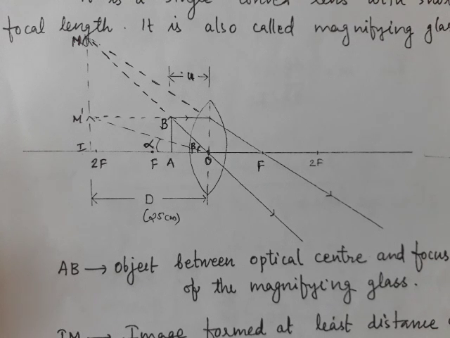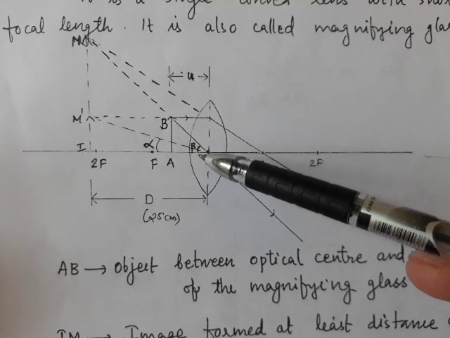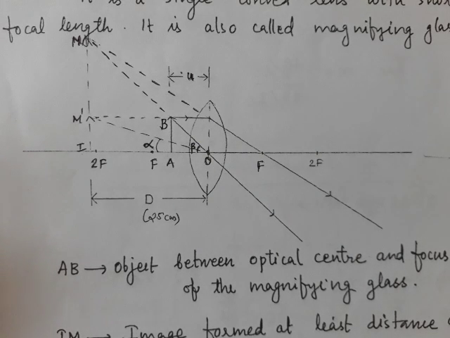The magnified image is IM, and that magnified image also will make the same angle beta with the principal axis. Now in this case, as the image is virtual, we cannot measure the height of this image. We can measure the height of the object, but we cannot measure the height of the image.